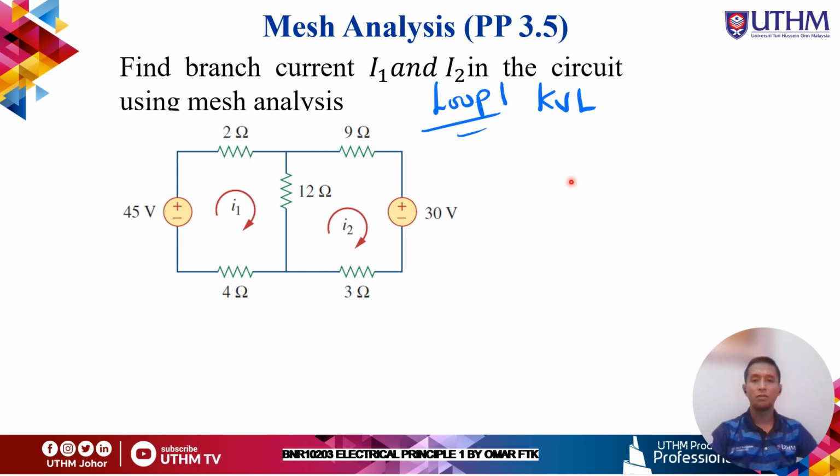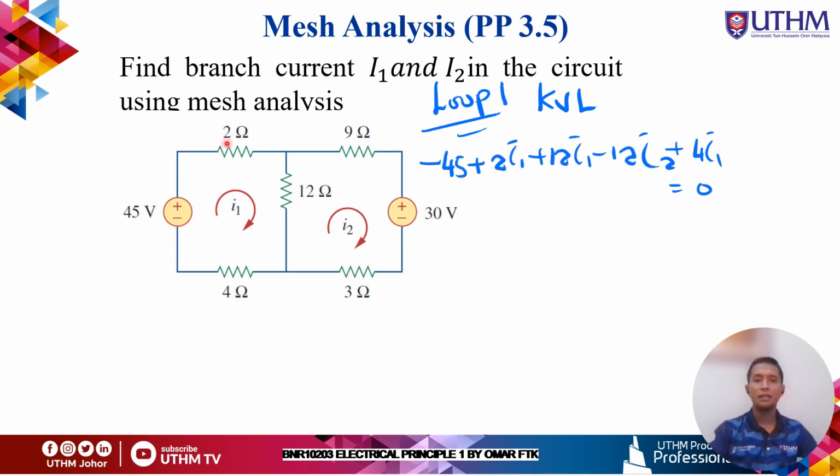So let's say for loop 1 we can proceed with minus 45 here, and then plus 2 I1, and then plus 2 I2 minus 2 I1, plus 12 I1 minus 12 I2.